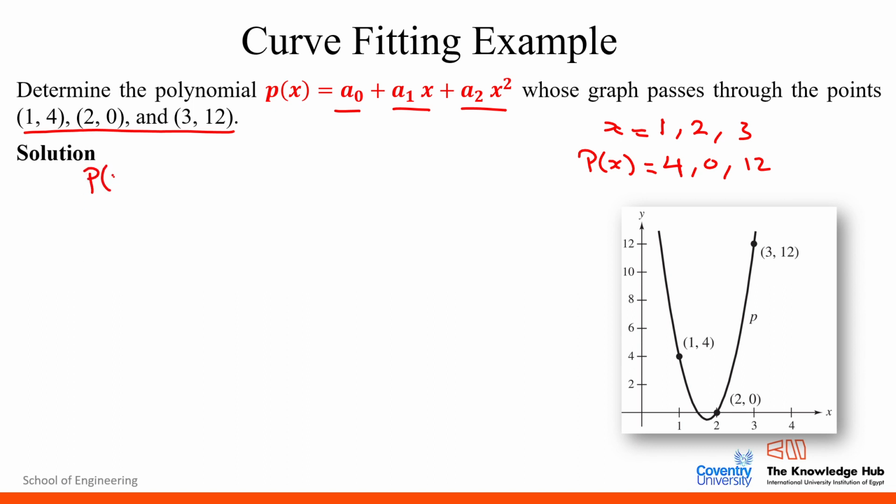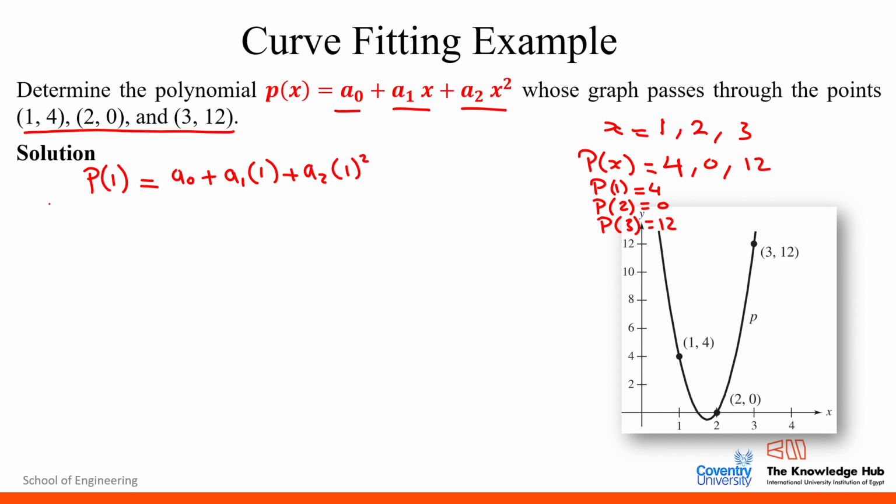So I'm going to write down the first equation. p of 1 equal a naught plus a1 of 1 plus a2 of 1 squared. Here, p of 1, which is the first value, would equal 4, and p of 2 would equal 0, and p of 3 would equal 12.